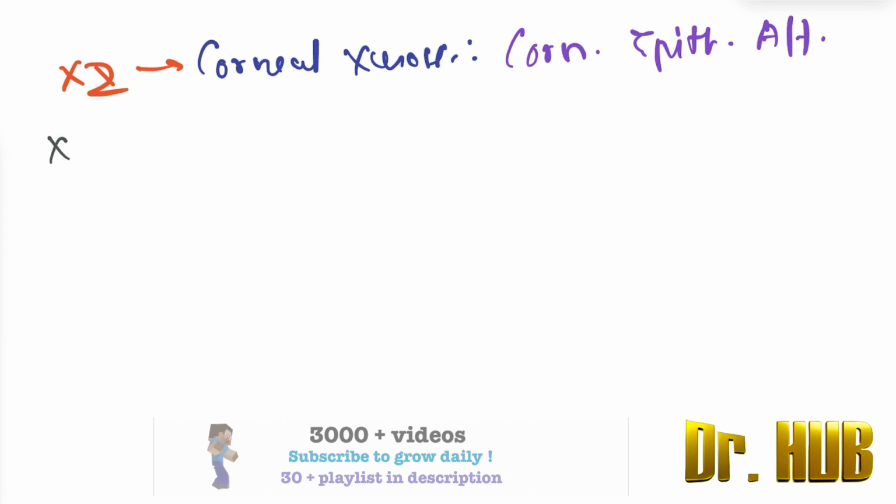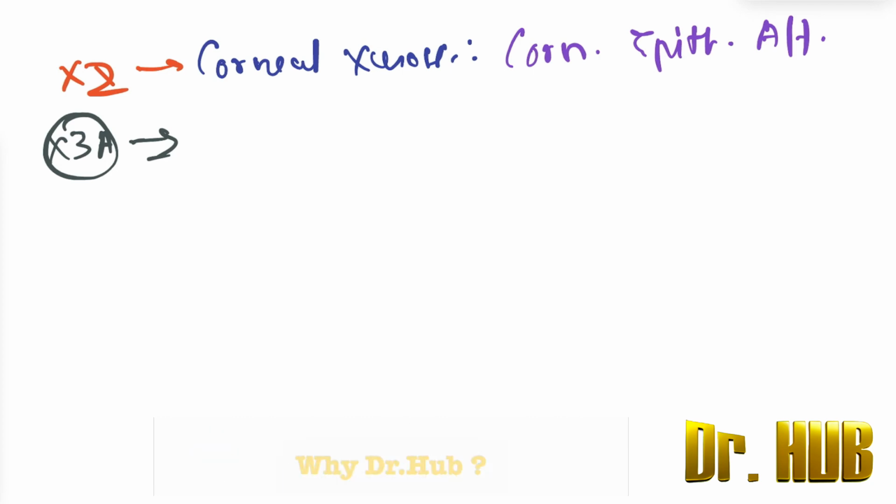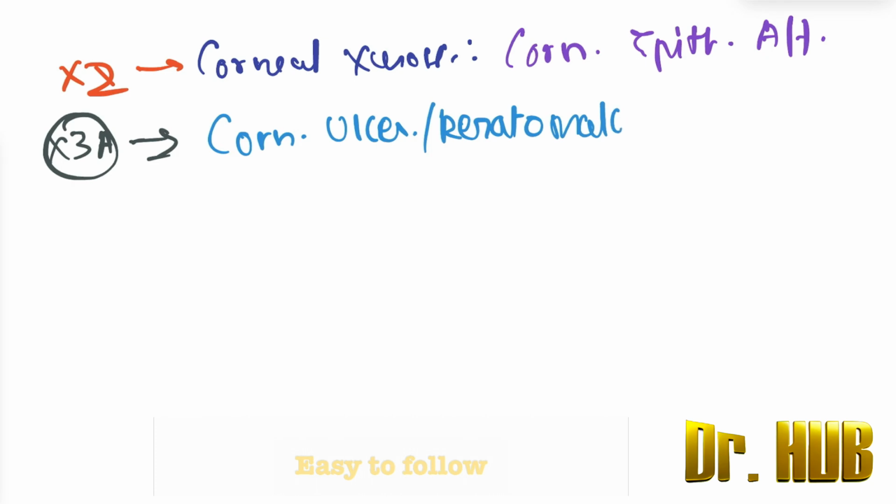Then move on to the X3A. What happens in case of X3A? There is corneal ulceration and also keratomalacia.